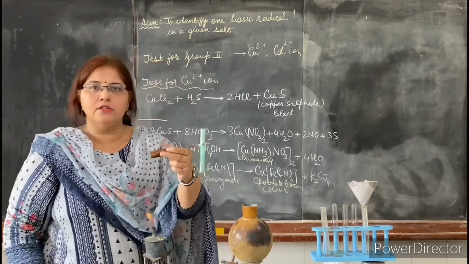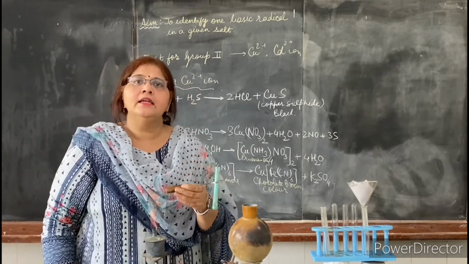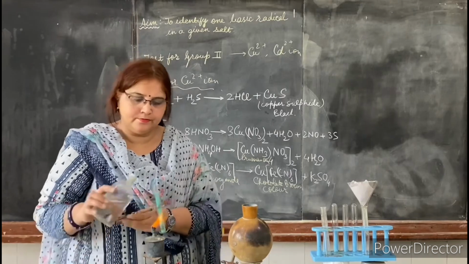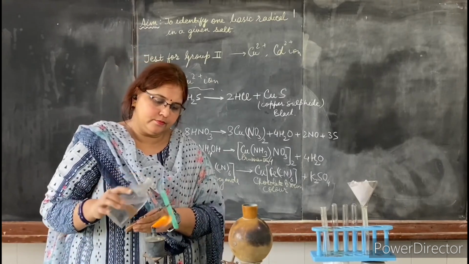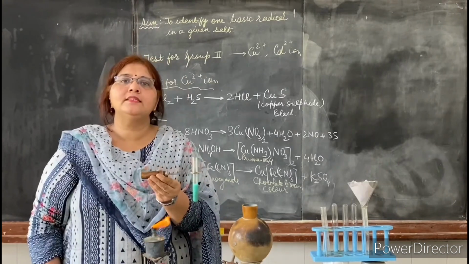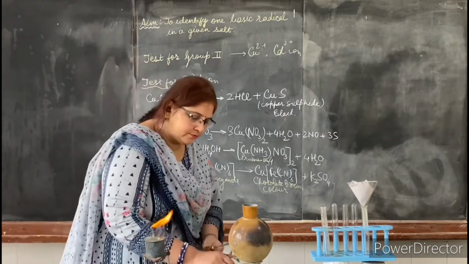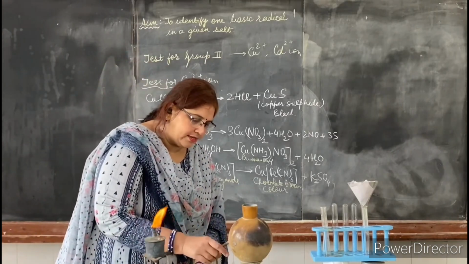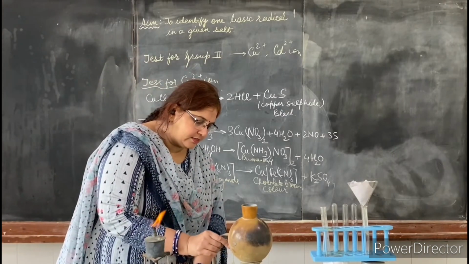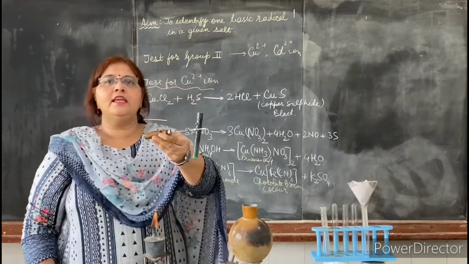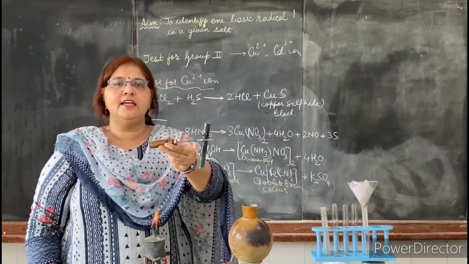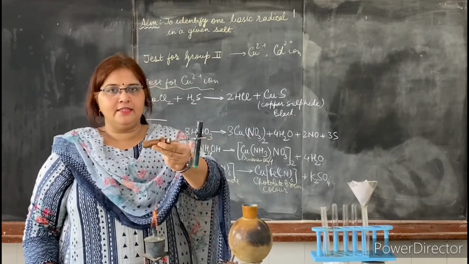So take the salt in the test tube and add dilute HCl. Now pass H2S gas to the solution. As soon as the H2S gas is passed, we will obtain a black color precipitate of copper sulfide.